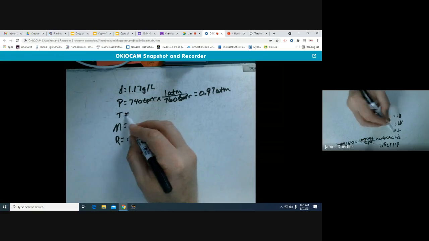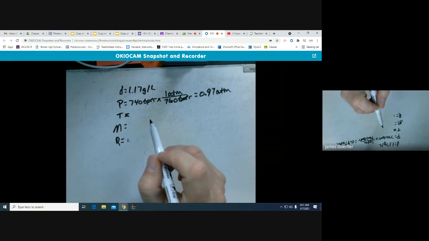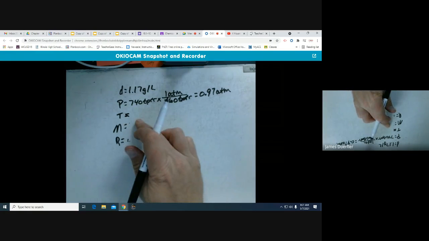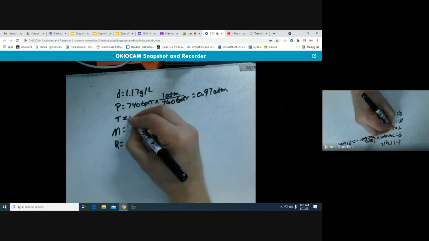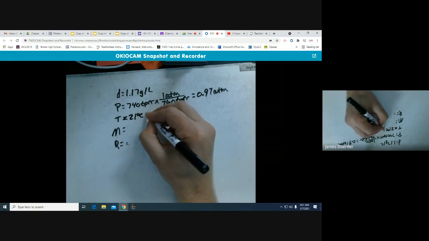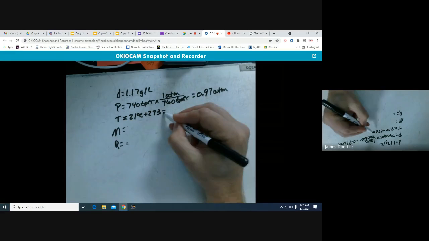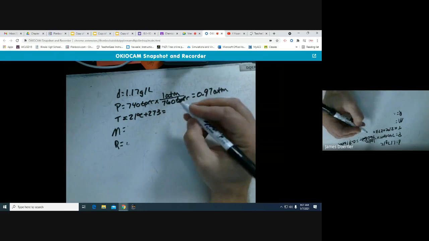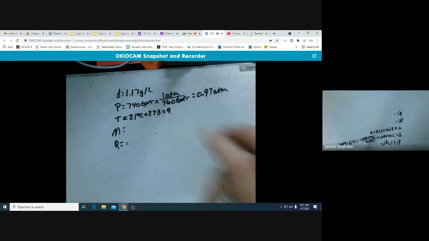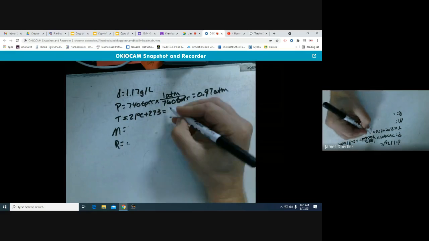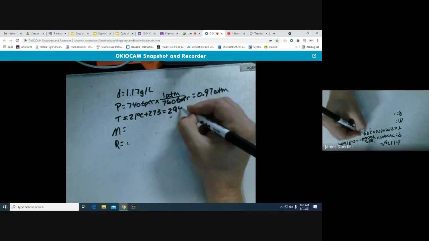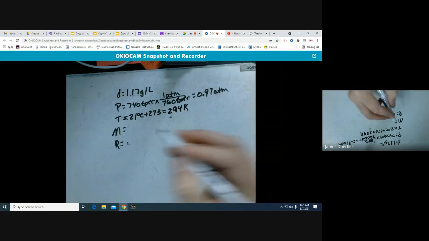So now we've got our pressure in the appropriate unit. What was the temperature in Celsius again? 21. Okay, so we have 21 degrees Celsius, but again, we got to convert that to Kelvin. So add 273. And we should get 200. No, that's not even a 2. That's a 9. 294 Kelvin.